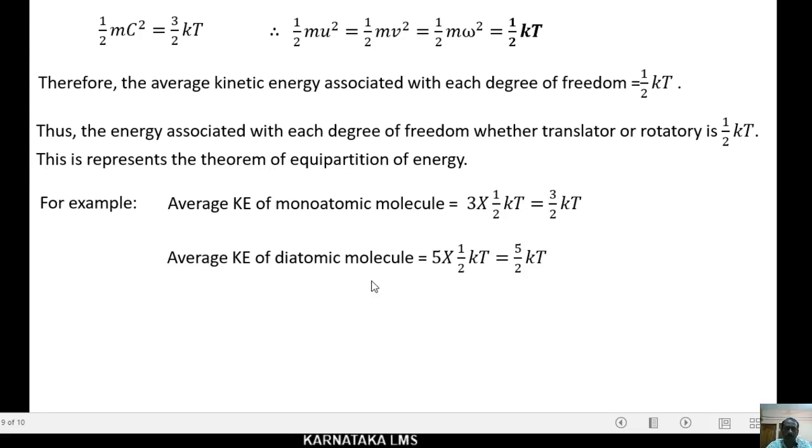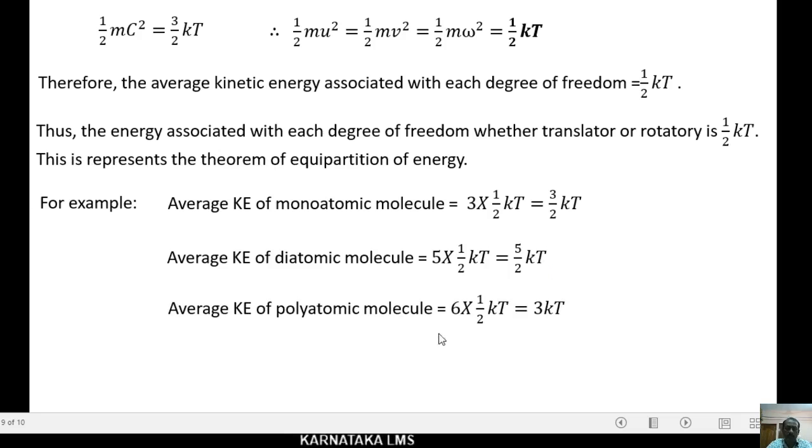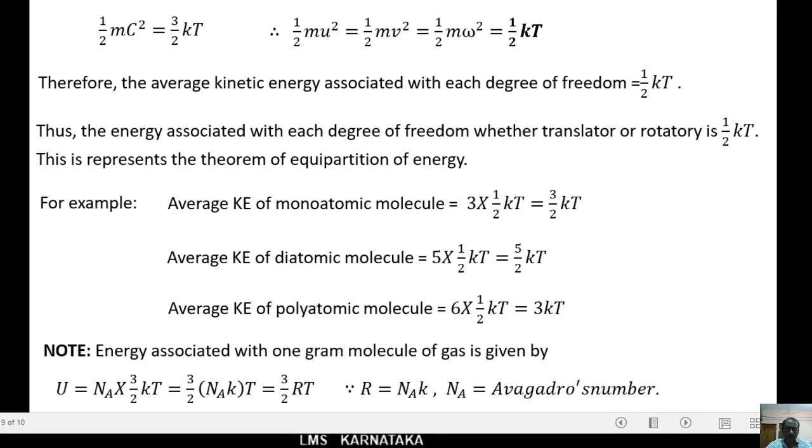In the same way, for a diatomic gas molecule having 5 degrees of freedom, just multiply 5 with 1/2 kT and you get 5/2 kT. For a polyatomic non-linear triatomic molecule having 6 degrees of freedom, you multiply 6 with 1/2 kT and you get 3kT. This is about the equipartition of energy.